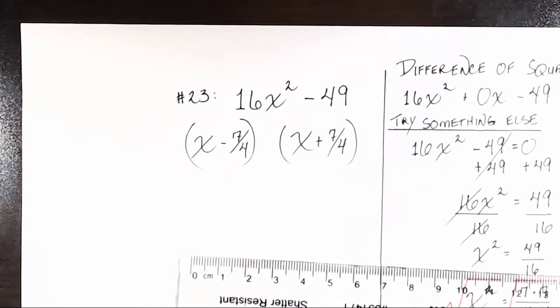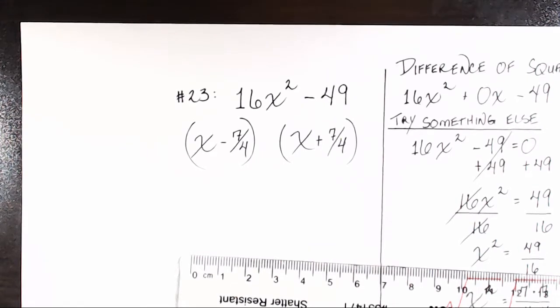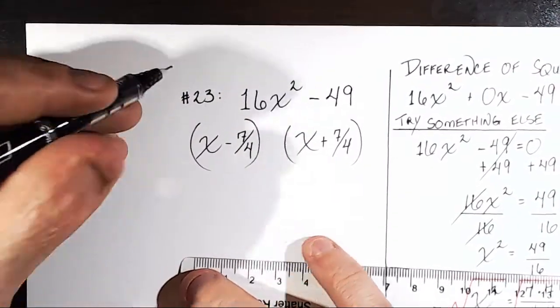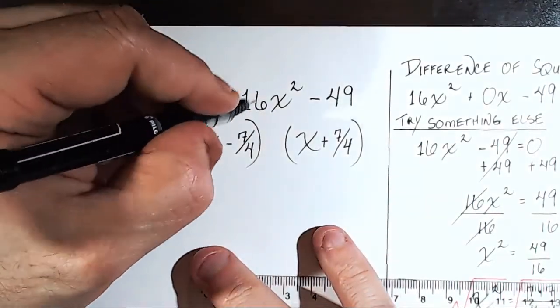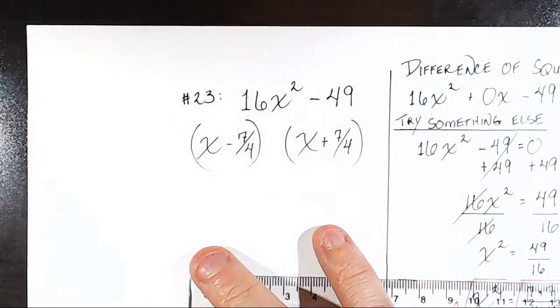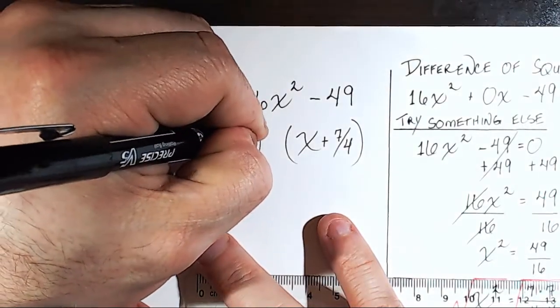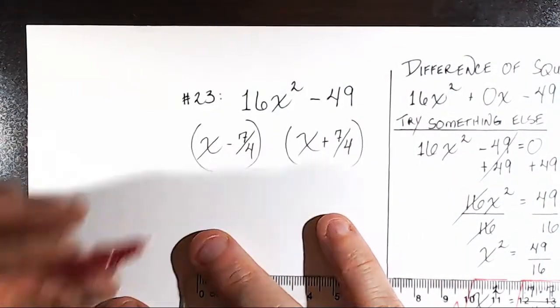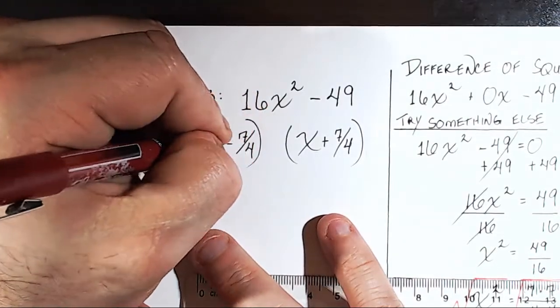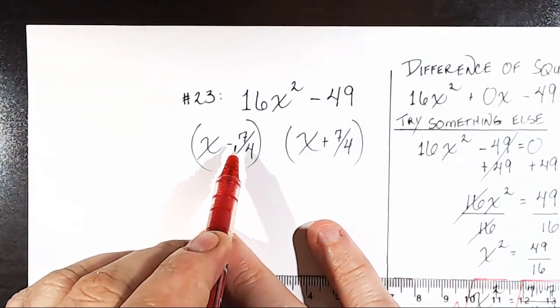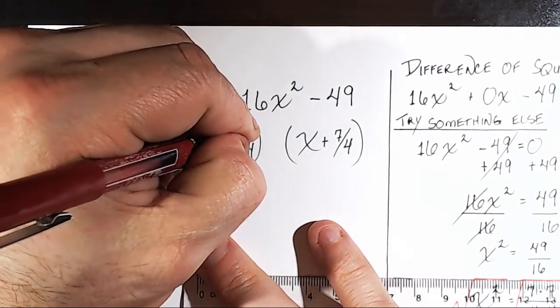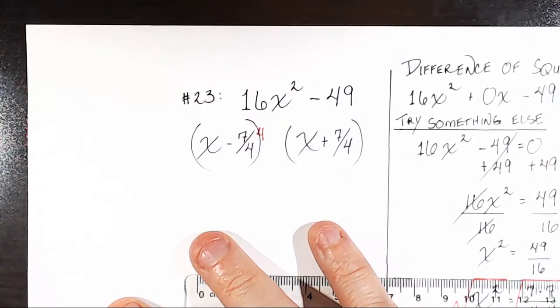So, did you think of a way that you could get rid of the 4? Okay, let's try this. Let's try timesing out the 4 by multiplying, let me use a different color, multiplying the negative 7/4 by 4. What would that do for me?